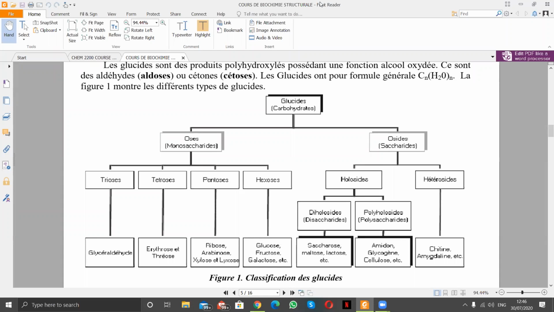The most abundant naturally occurring disaccharide is sucrose, which is table sugar. Sucrose simply consists of a glucose residue and a fructose residue connected.